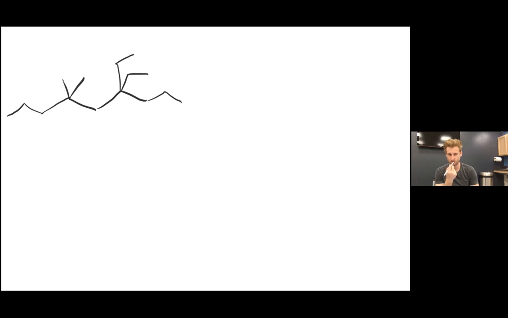So for this here, if we're counting right to left, 1, 2, 3, 4, 5, 6, 7, 8, 9. Can't count. Okay. This would be a nonane. We could also go in the other direction. 1, 2, 3, 4, 5, 6. I should do it in a different color.